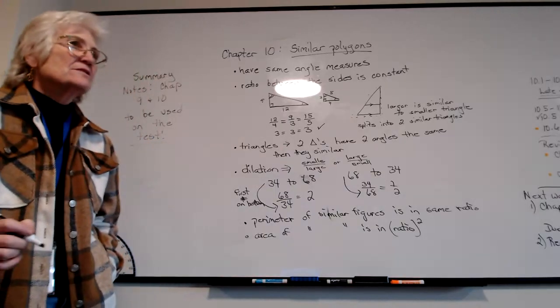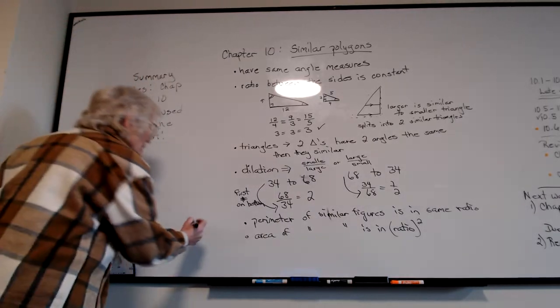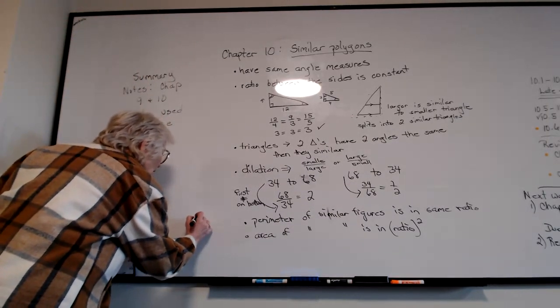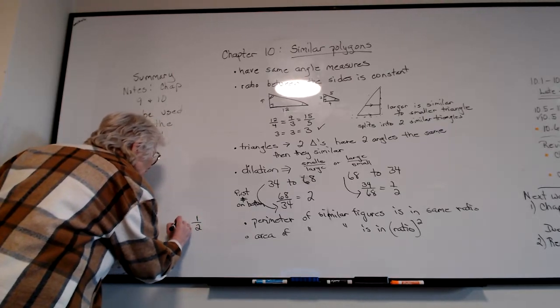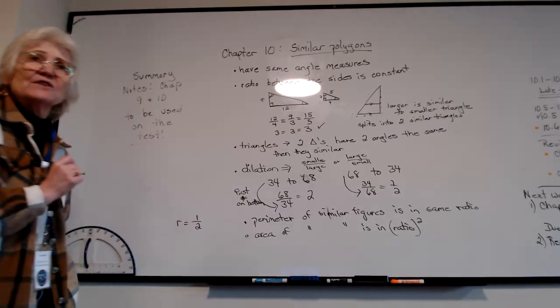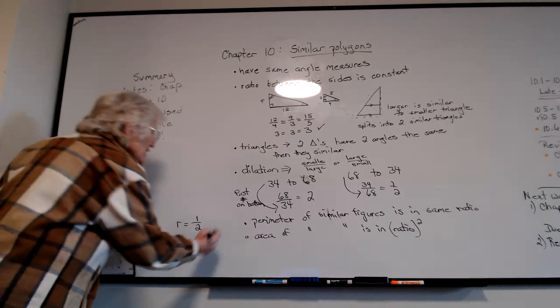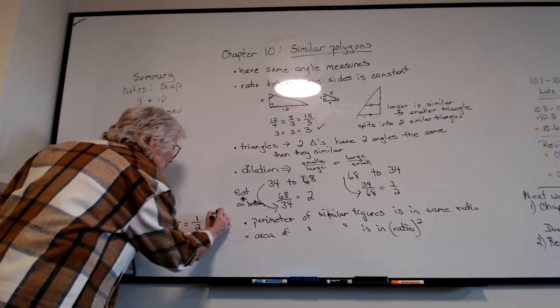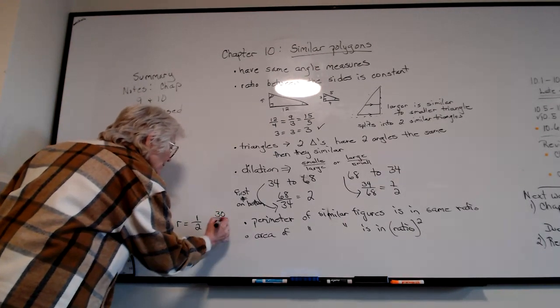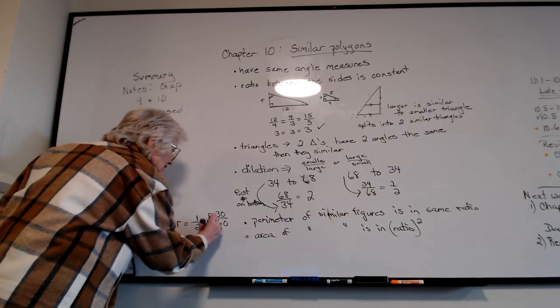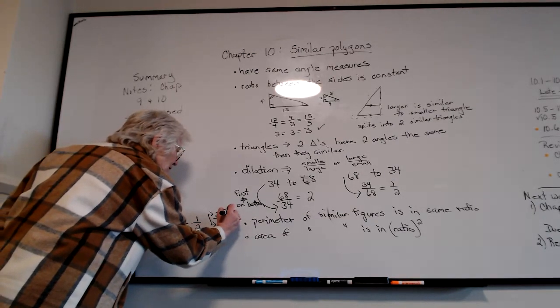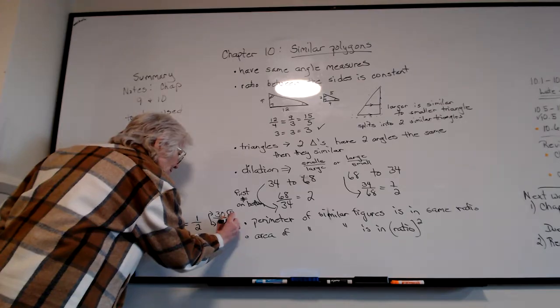What that means is if we have a 1-to-2 ratio, that's my ratio between two figures. If the perimeter is 30 here, the perimeter here would be 60. It's still in that same ratio, this is 1 and this is 2.